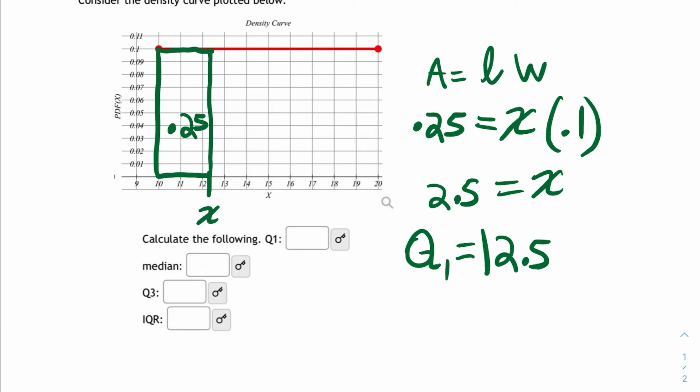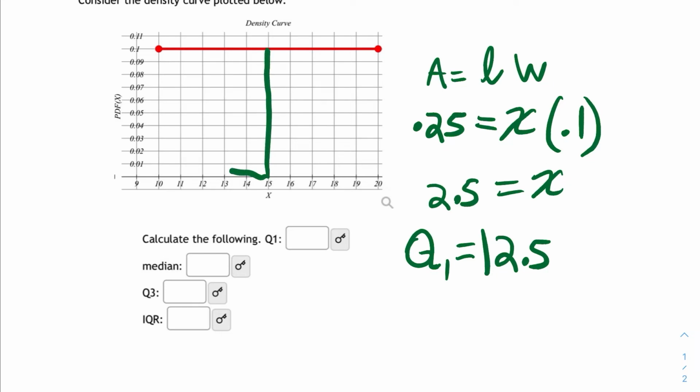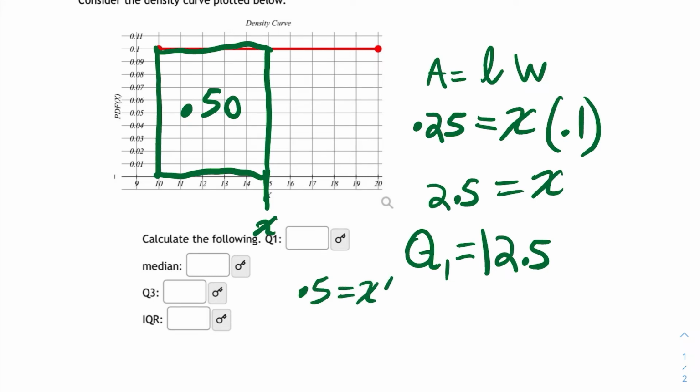We can do the exact same thing for the median, except instead of the 25% marker, we're looking for the 50% marker. So here we're looking for that x value that marks 50% to its left. So we're doing the exact same thing. It's going to be 0.5 equals x times the height, which is still 0.1.